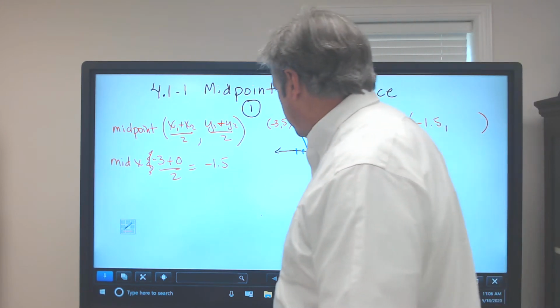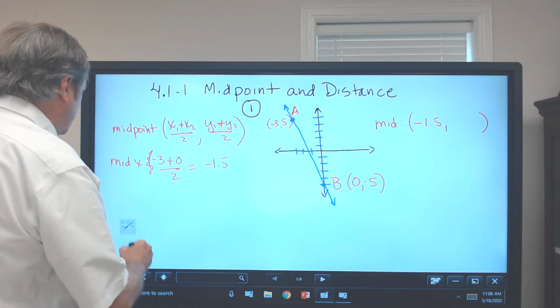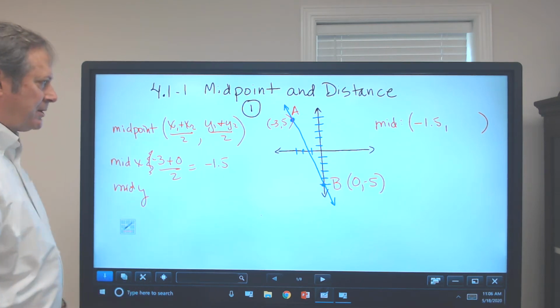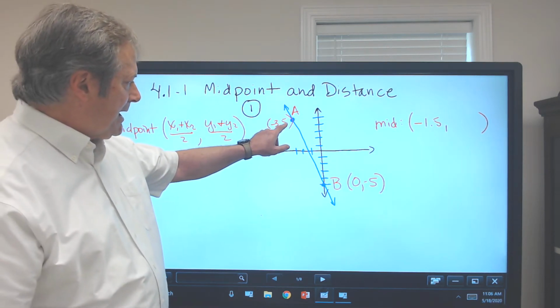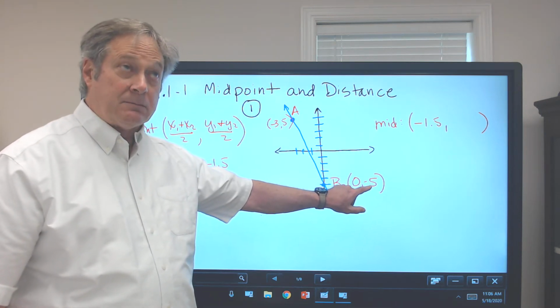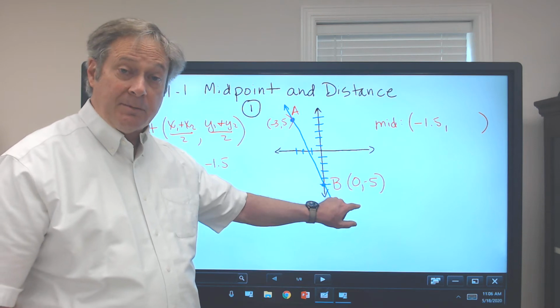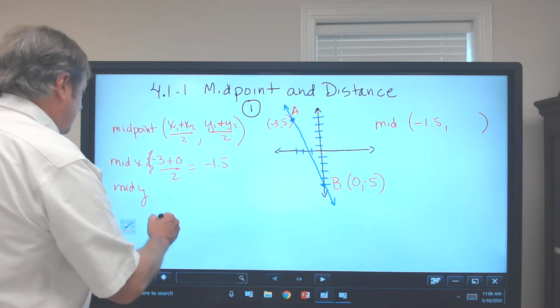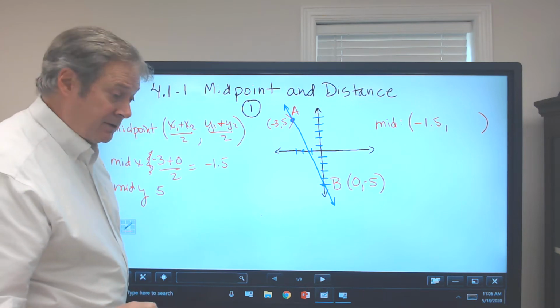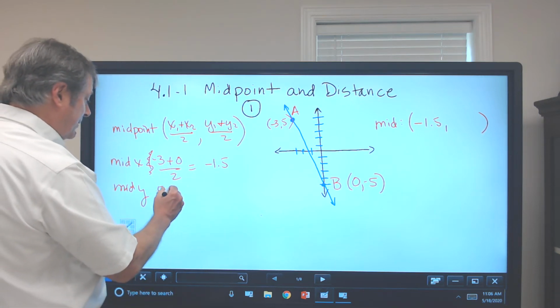Now all we got to do is find the y value. So the midpoint of the y values, and what are the two y values? We have 5 plus a -5 would be 0, right? Divided by 2 is still 0. Just for the sake of writing it down, and on the quiz that you're going to take, I want you to show these steps. I don't want you to just do it in your head.